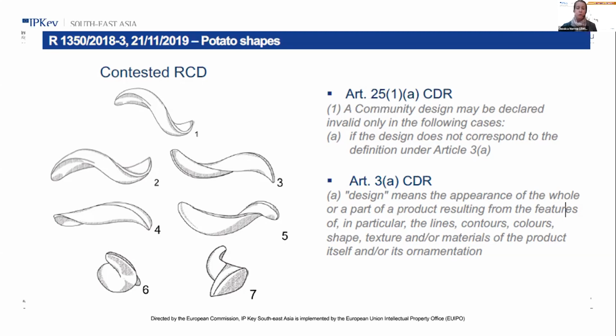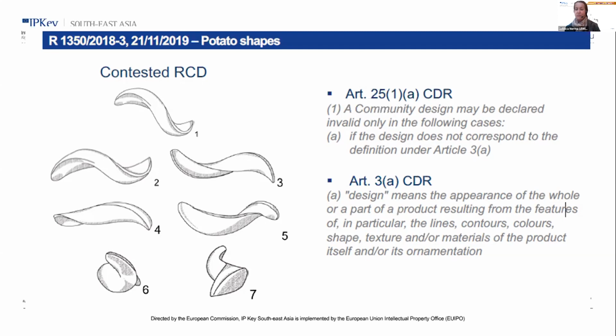So about the representation of the design. On the slide, you have the contested registered community design that had 7 views, and it was a design of a potato chip, no? And it was attacked by a person who itself was attacked based on another design it had registered that had no individual character compared to this.